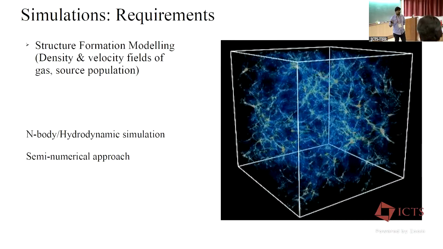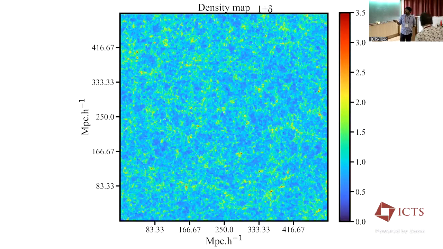Ultimately what we need is 1 plus delta, which is the overdensity, right? So this is one important quantity, and now from this input density field which I have given, you will be able to produce a density map, something like this.